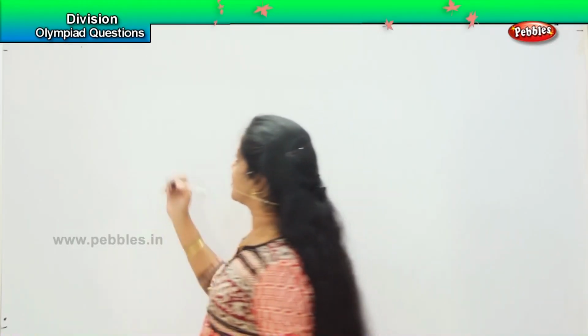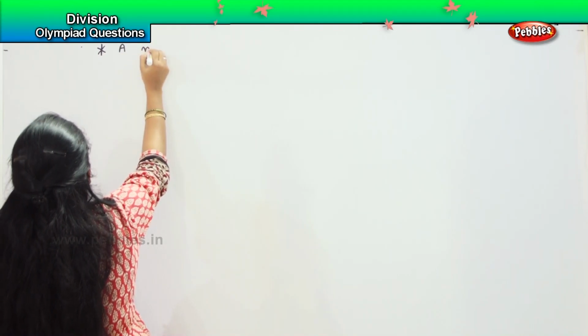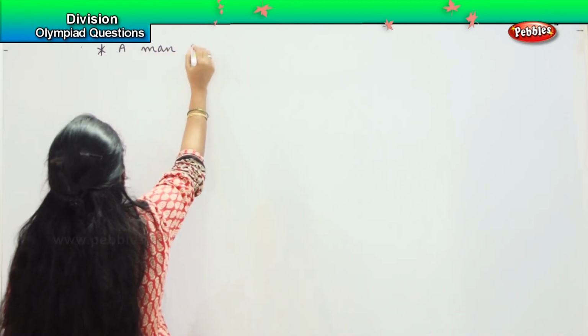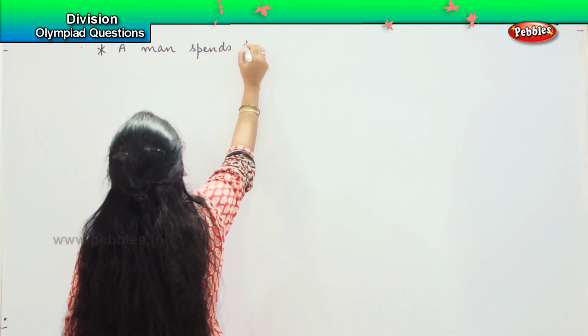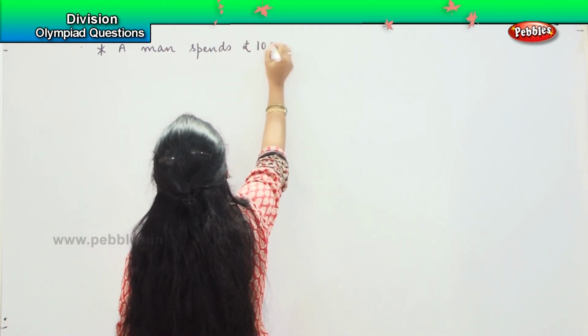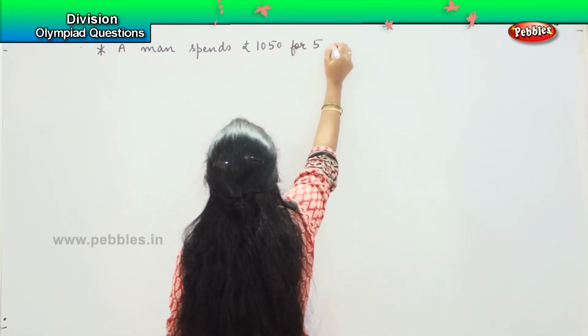Now, the next question is, a man spends rupees 1050 for 5 shirts.